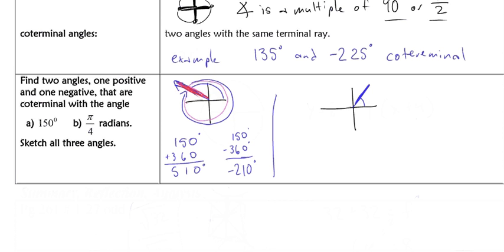Now, since we're dealing in radians, we're not going to add 360 degrees, but we'll add 2 pi. Because remember, 2 pi is equivalent to 360 degrees. 2 pi is that full circle. So if we go around one full additional time, we'll have pi over 4 plus 2 pi. We'll need to get like denominators, so actually let's write this all in blue.